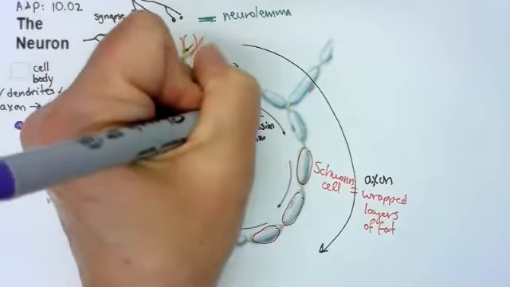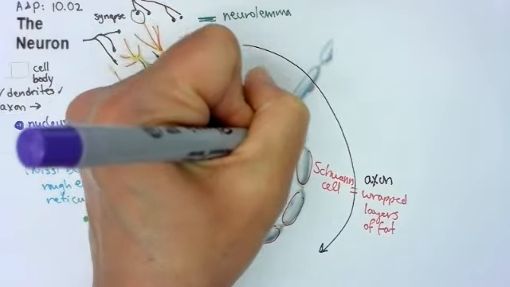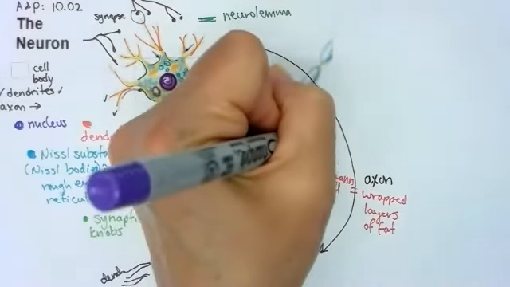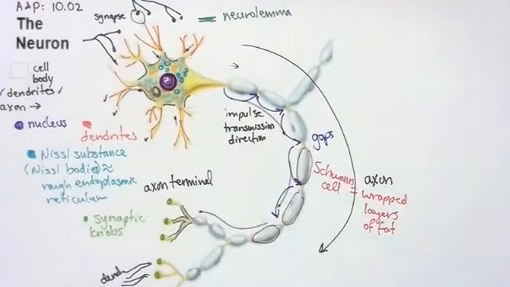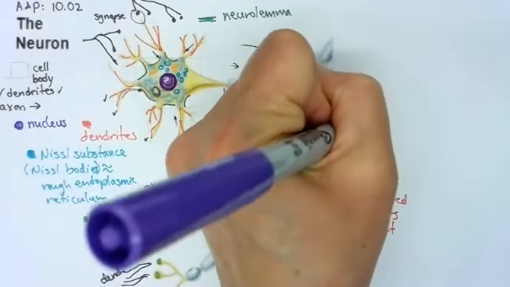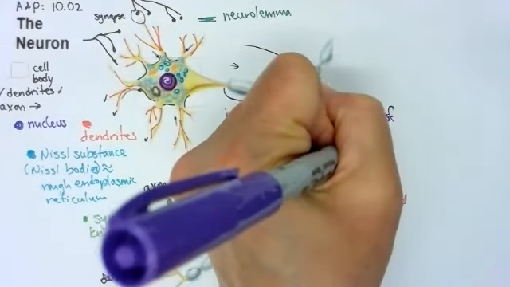So we have this long line, but actually the signal will jump from here to here to here to these gaps. And the gaps have a name too. Gaps are called nodes of Ranvier.